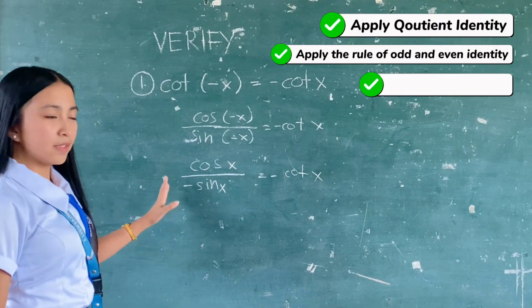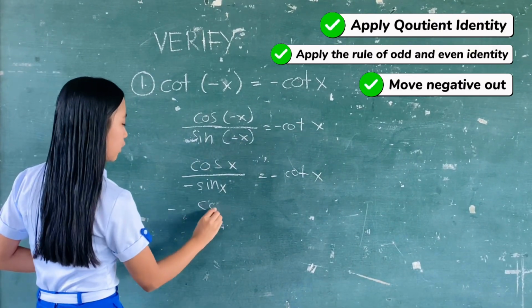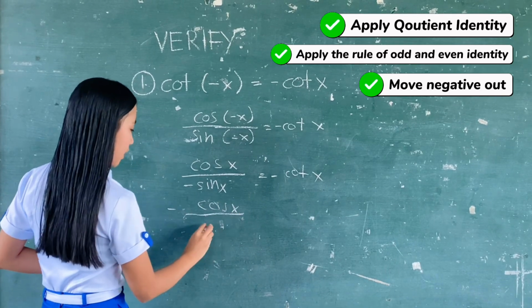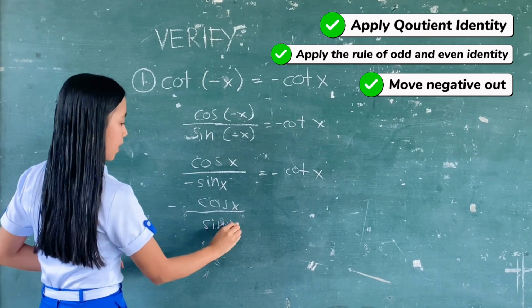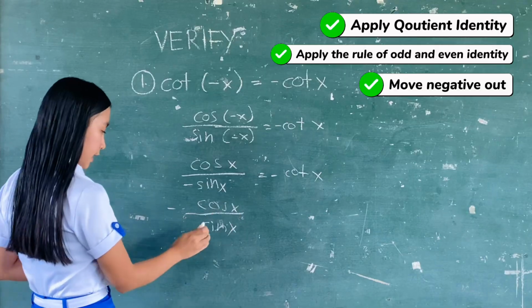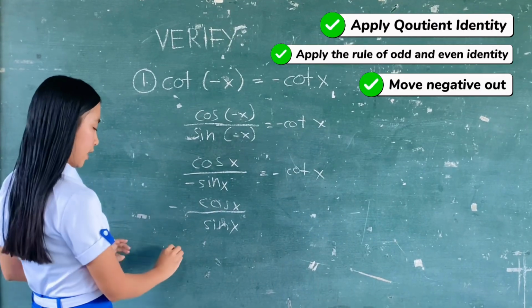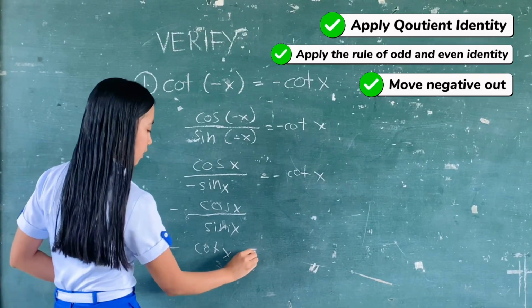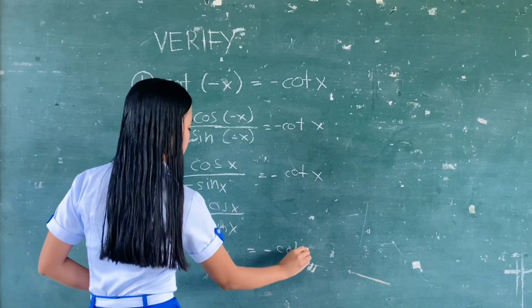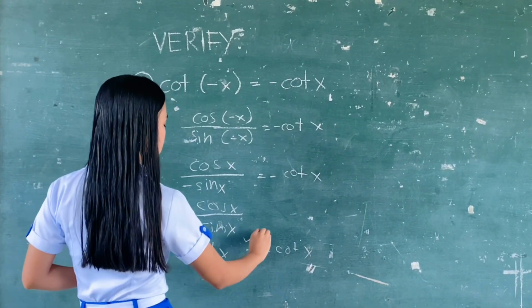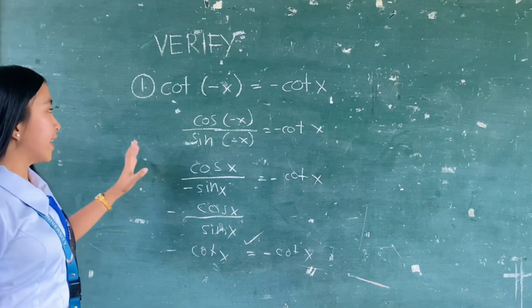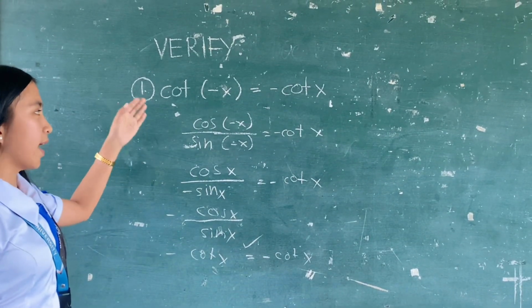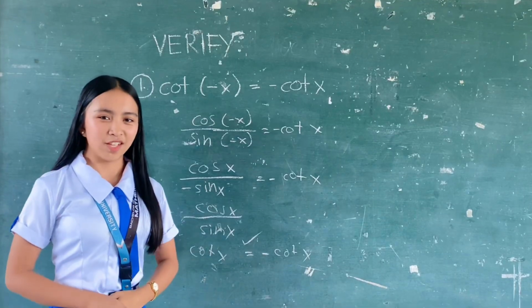And let us move out the negative sign. So negative cosine x over sine x. And it is also a quotient identity, so negative cotangent x. So, we have proved the identity that cotangent negative x is equal to negative cotangent x.